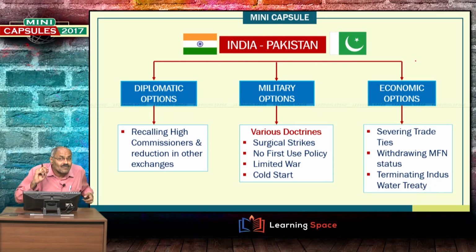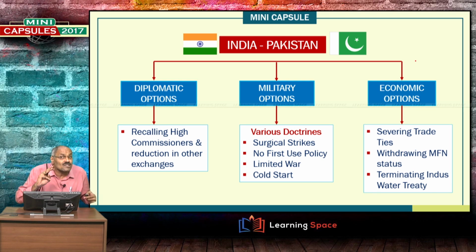If you look at two countries, let us take for example India-Pakistan. Because of Kashmir, there are several problems in the relations, and there are also news reports that Pakistan is aiding and abetting terrorists from across the border. So, under these circumstances, if things go wrong, what are the options?